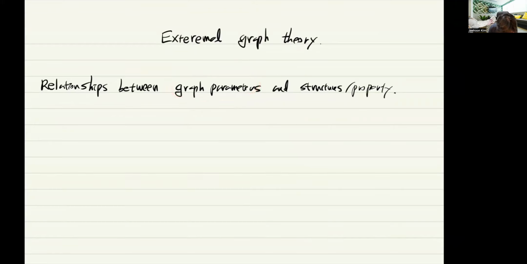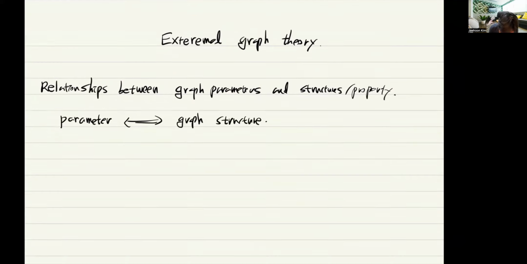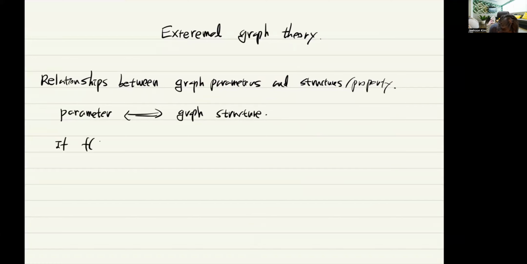So in many cases, it mainly concerns the relationship between parameter and some structure. So often what it shows is that if this graph satisfies that its graph parameter is at least something or at most something, then can we find a certain structure, this desired structure, in the graph?